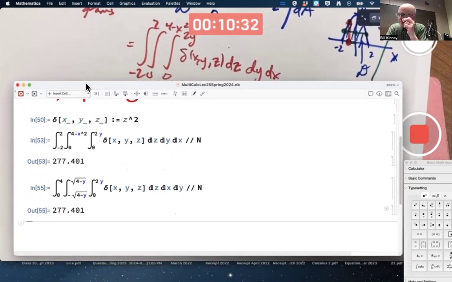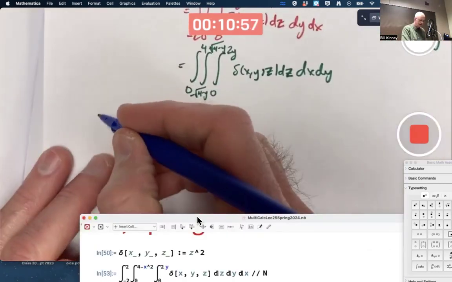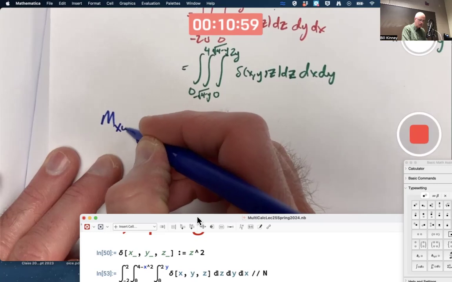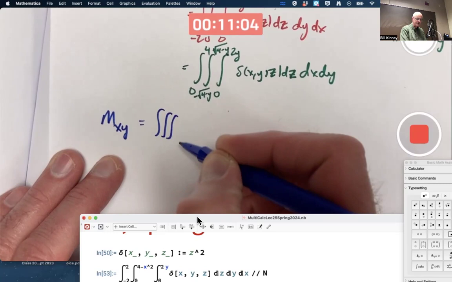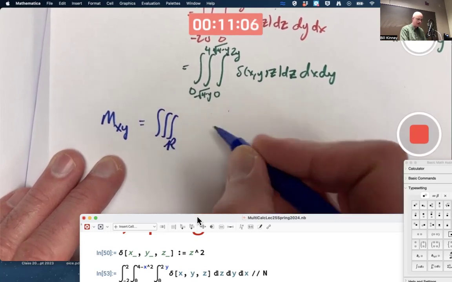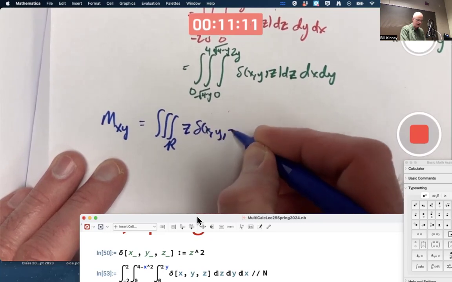But let's also talk about moment and center of mass here. If I was after z bar, the center of mass, third coordinate in the z direction, the vertical direction here, I would also want to find the moment relative to the xy plane, m xy, for this three-dimensional solid R. You'd integrate z times delta of xyz.